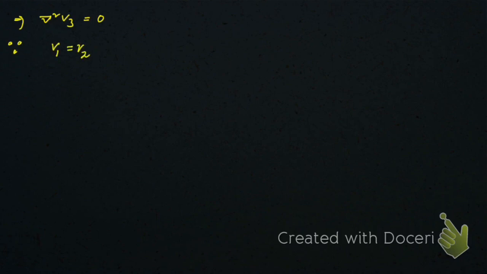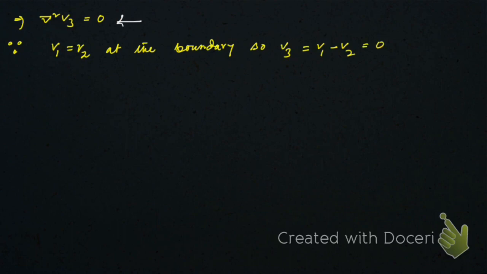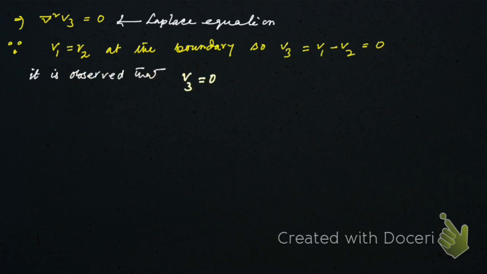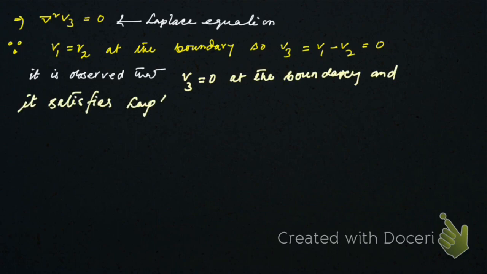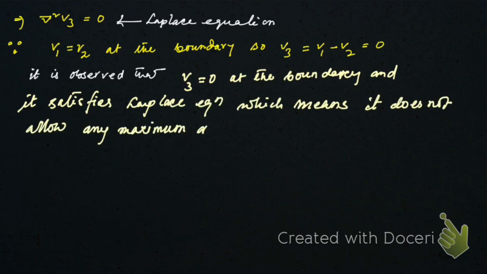And since V1 is equal to V2 at the boundary, V3, which is V1 minus V2, will be 0 at the boundary. So V3 satisfies the Laplace equation and is 0 at the boundary. That means it doesn't allow any maximum or minimum within the region we have taken.